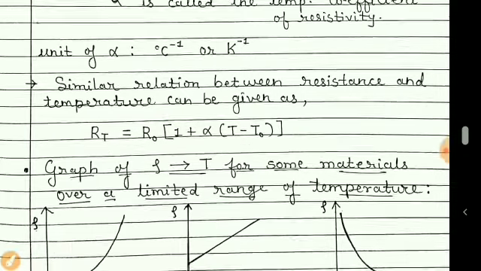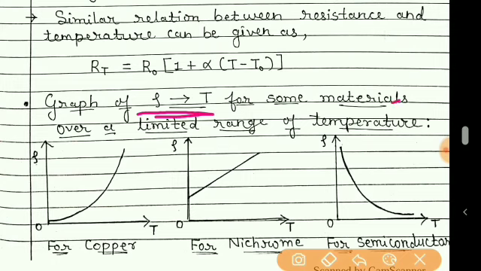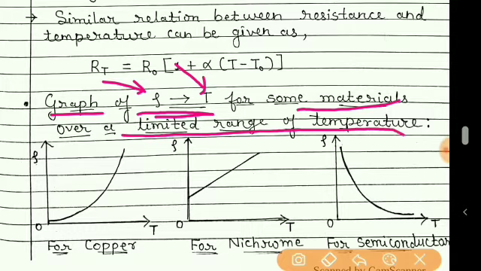But before that, the graph of rho versus T for some materials, meaning resistivity versus temperature graph for a limited range of temperature, meaning the temperature should not be very high.